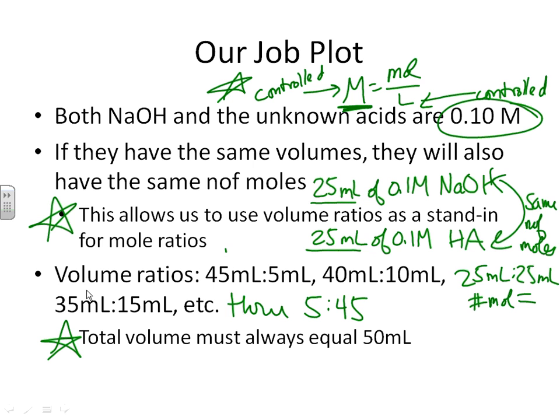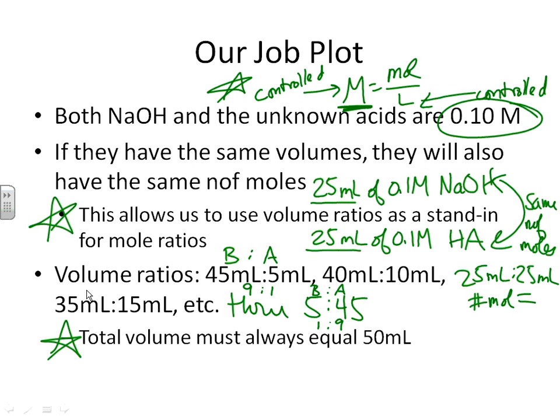I think it starts with base to acid, but I am honestly not sure which one it says to do first. So this would still be base to acid, but you flipped it around, right? This is a 9 to 1, whereas this is a 1 to 9. You're going to carry through all these ratios all the way from 45 to 5 to 5 to 45.